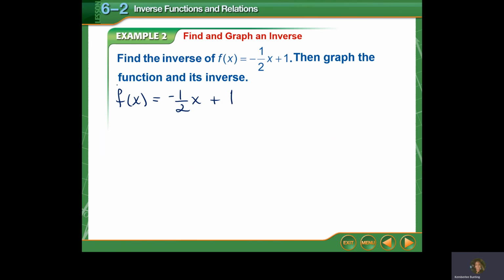But anyway, y'all ready? So on the last problem, what is the first thing I did to this f of x? Made it a y. Let's do that. I'm gonna change it from function notation to just regular x and y. Y equals -1/2 x plus 1. Just in a regular equation format, no function notation.